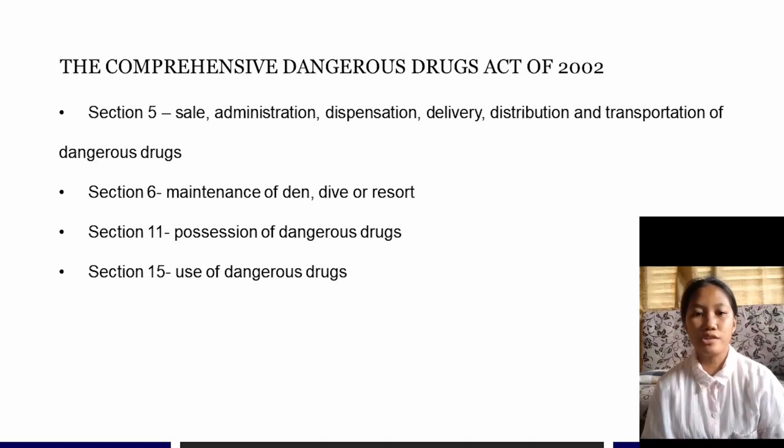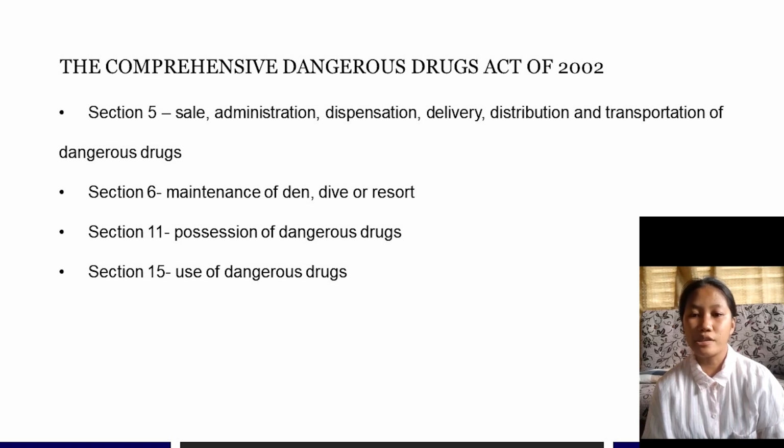Section 15. Use of dangerous drugs. A person apprehended or arrested who is found to be positive for use of any dangerous drugs after a confirmatory test shall be imposed a penalty of a minimum of 6 months rehabilitation in a government center for the first offense, subject to the provisions of Article 8 of this Act.